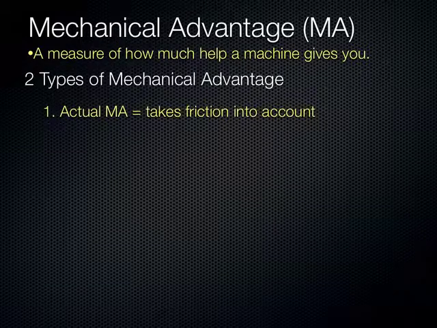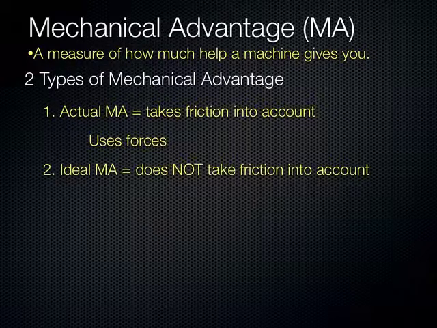Actual mechanical advantage you could think of as sort of real life mechanical advantage, and it takes friction into account. It's how much the machine's actually going to help you if you were really using it. Ideal mechanical advantage does not take friction into account.